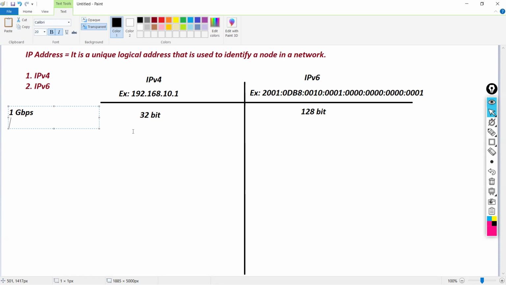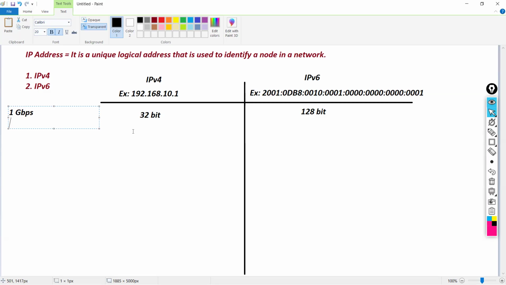Think about it. Do you think we are paying for what we think? No, you are getting full speed, 1 Gbps. So how much time will it take? Then it should take 1 second, right?